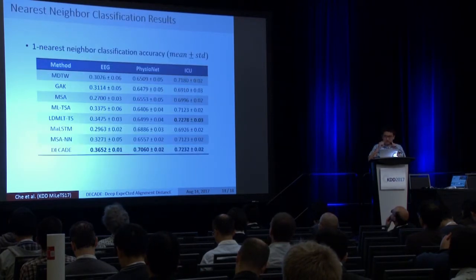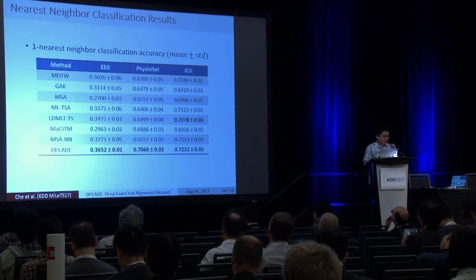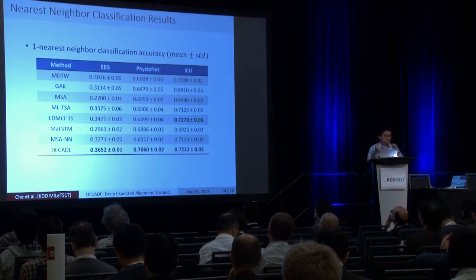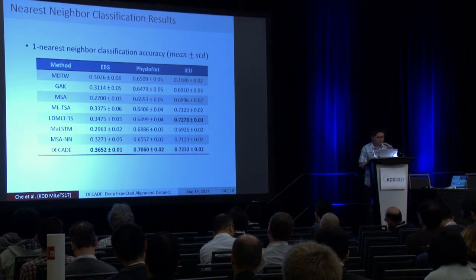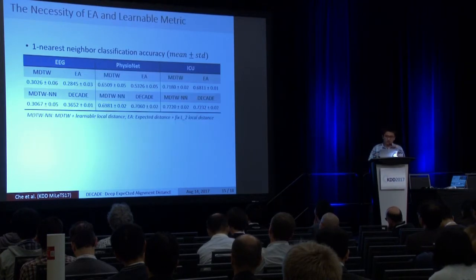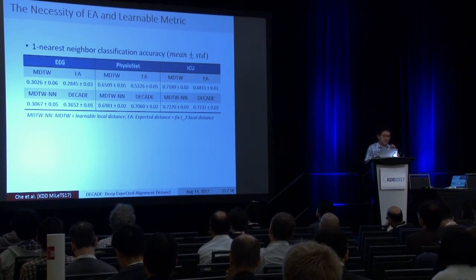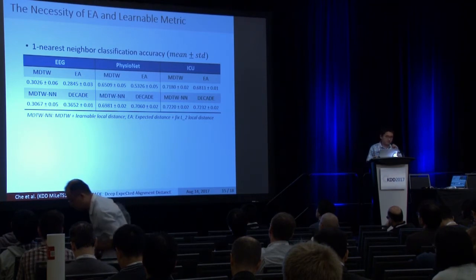So here are the results of the 1-nearest neighbor classification accuracy. We can see that the DECADE achieves the best result on 2 of the 3 datasets, and also is quite close to the best on the other one. And also, we want to show that the two components, the expected alignment and the local distance, are indispensable.